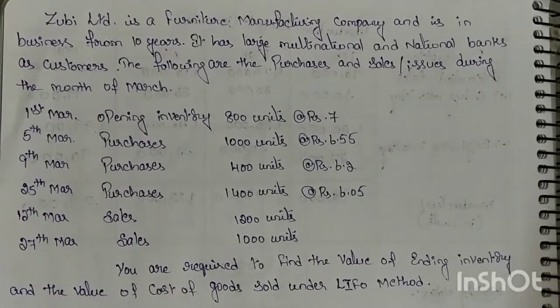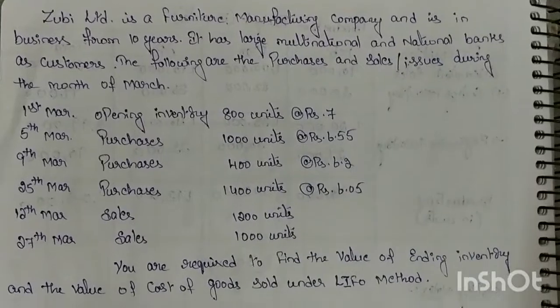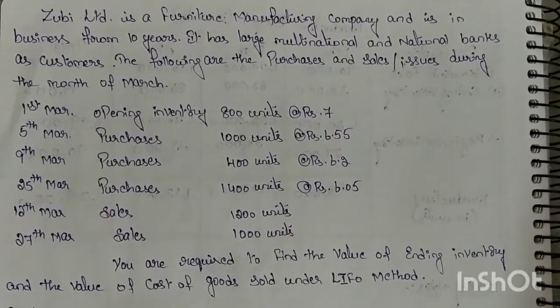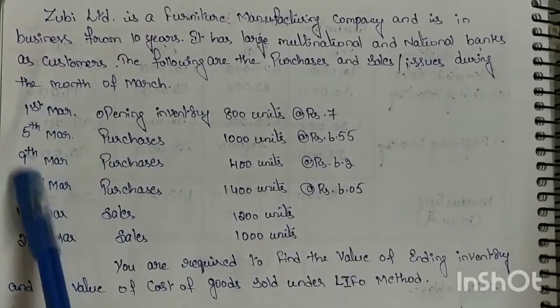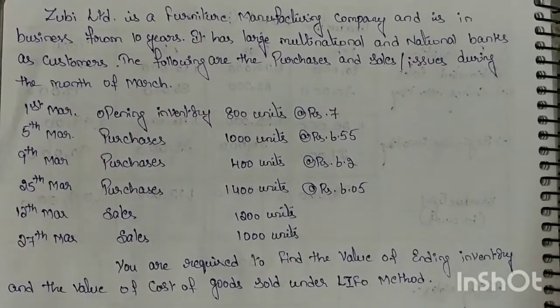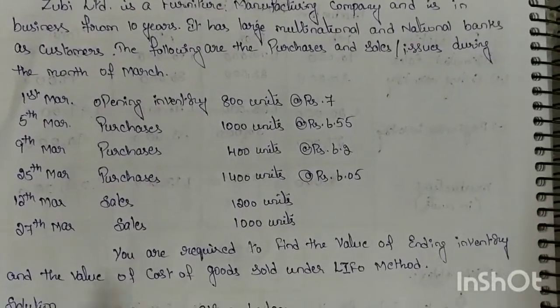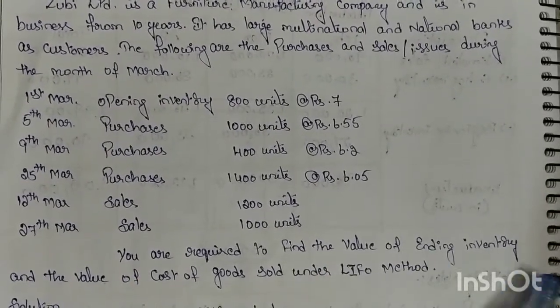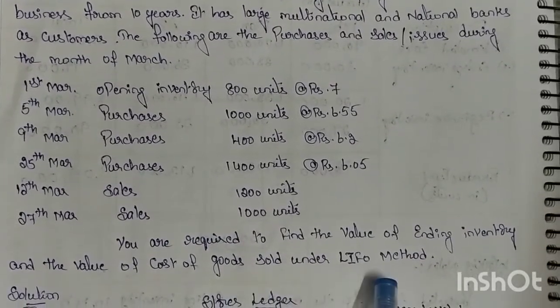It is a furniture manufacturing company with multinational and national banks as its customers, and the information they are giving on purchases and sales is for the month of March. With this information they are asking you to find the value of ending inventory and the cost of goods sold under the LIFO method.